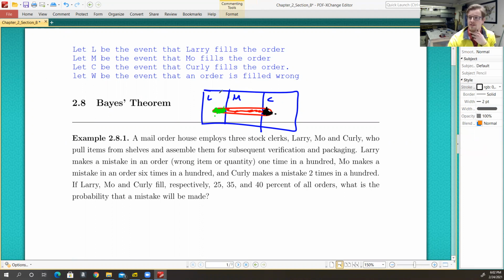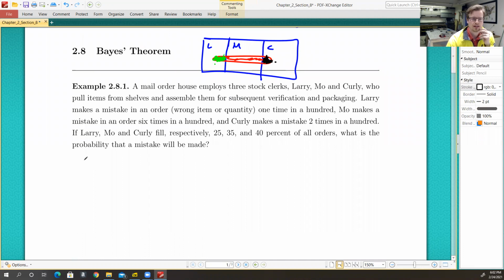So if a mistake is made, it's either made by Larry, Mo, or Curly. So we just want to find these 3 probabilities individually. So we want to find the probability that we have a wrong order, or an order is filled wrong, right? A mistake is made, is the probability that we have, let's see here, it's wrong and Larry filled it, plus the probability that it's wrong and Mo filled it, plus the probability that it's wrong and Curly filled it. That's what those 3 areas are.